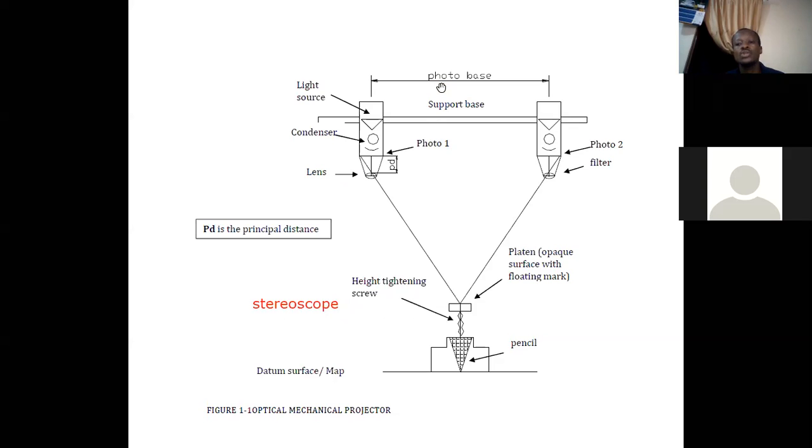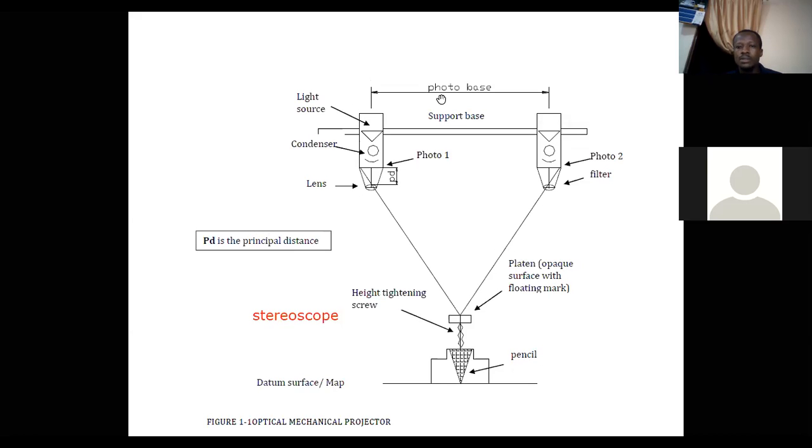And I told you that 3D coordinates are important for modeling, for knowing what is actually happening on the ground. So that is recapping what we talked about last week.